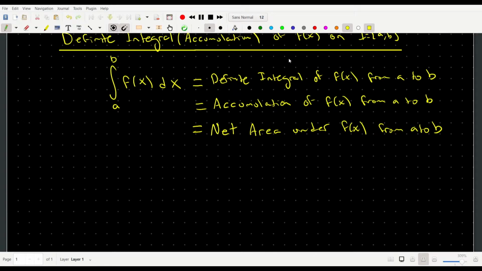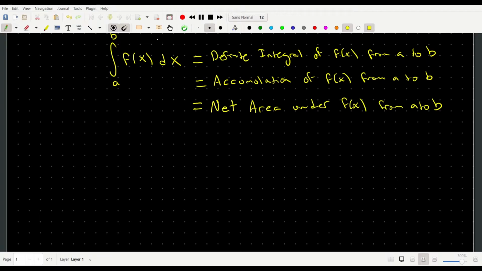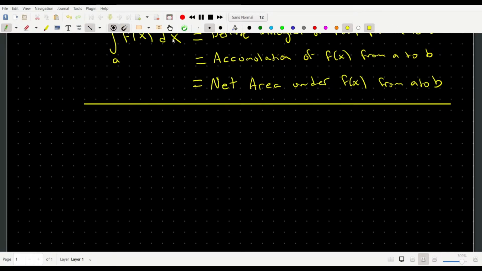These are all synonymous with one another, and one of the big theorems for computing these definite integrals from your Calc 2 class is the fundamental theorem of calculus.